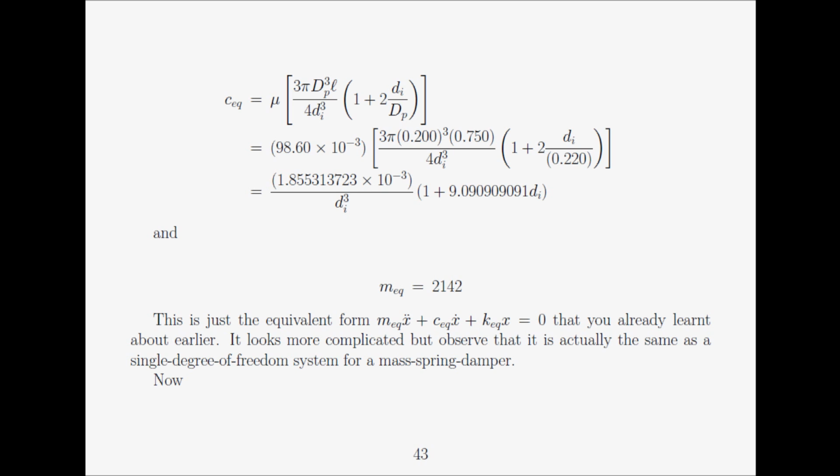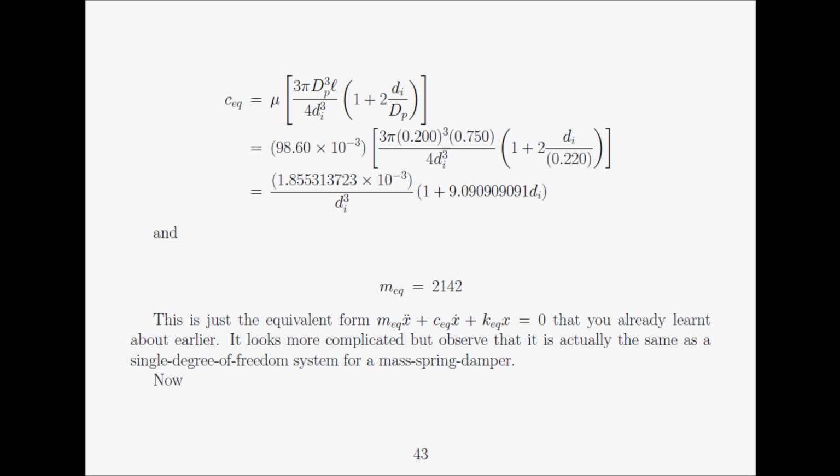Using the standard form of the equation, we have omega n, just the square root of k over m. K is a function of the unknown, in this case the diameter d. M is just a constant, so we have a formula for omega n. Similarly, we have a formula for the critical damping value, Cc, 2m omega n, in terms of certain unknowns.